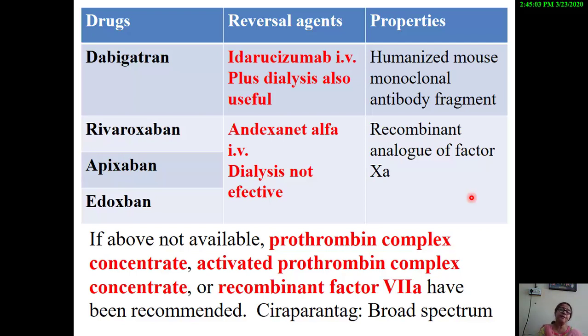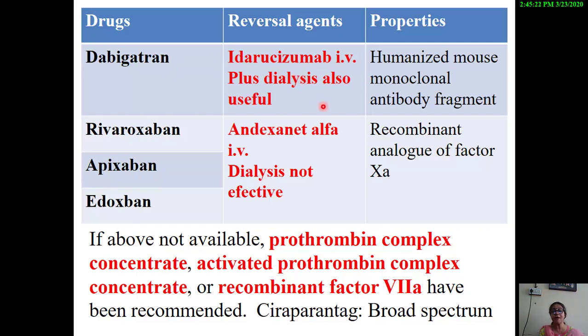And this reduction is usually done with the use of these reversal agents or specific antidotes. So for a drug like dabigatran, we have a specific antidote which goes by the name of idarucizumab.